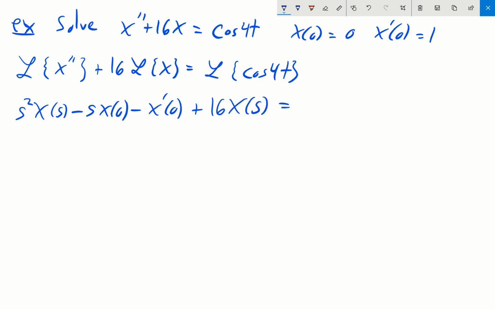And now this is equal to the Laplace transform of the cosine of 4t.